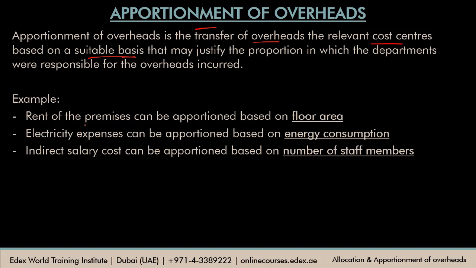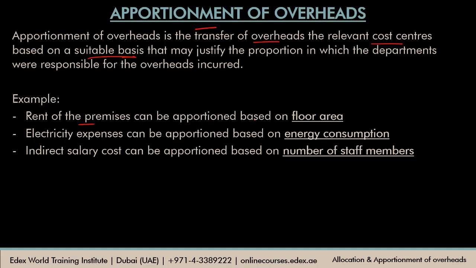For example, rent of the premises, which I already gave you, can be apportioned. Now, understanding on what basis you can apportion these overheads is also important. If I talk about factory rent, and if I tell you that there are 3 departments in the factory, on what basis can you transfer the cost of the factory rent over these departments? Obviously, factory rent is paid based on the floor area of the factory.